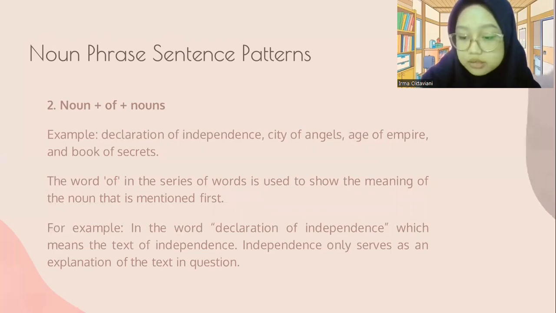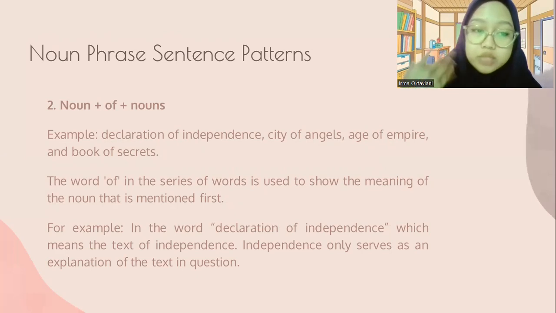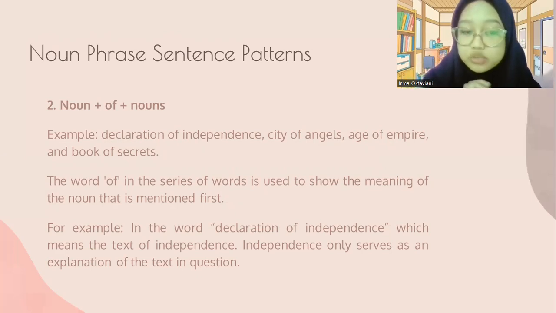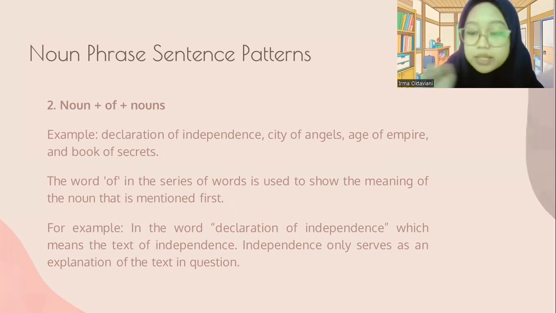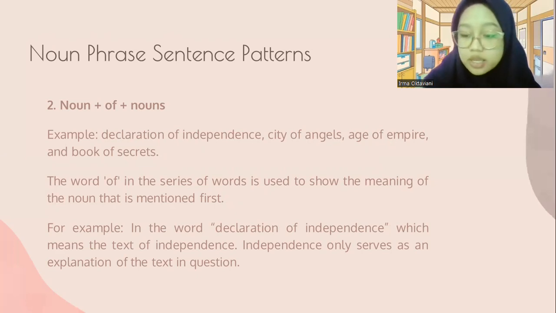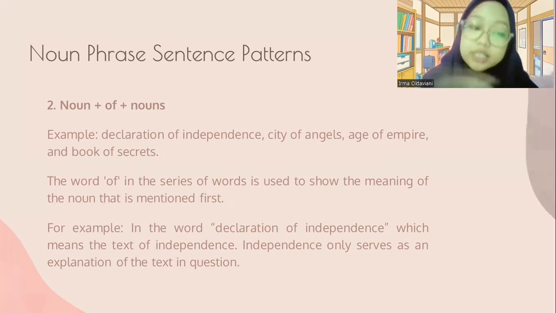The word of in the series of words is used to show the meaning of the noun that is mentioned first. For example, Declaration of Independence means the text of independence; independence only serves as an explanation of the text in question.